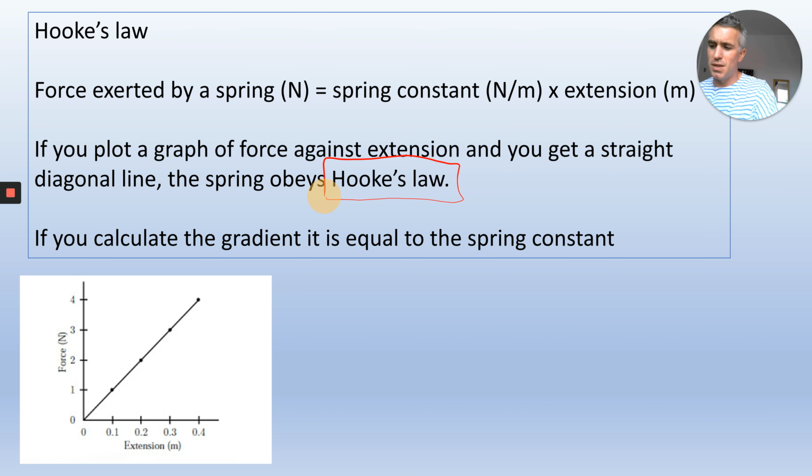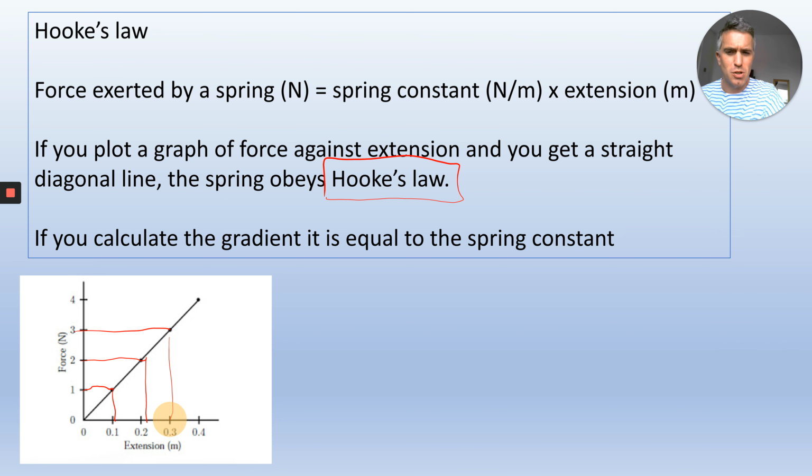So for example, in this one, you put 1 Newton on the spring, it increases by 0.1 meter. 2 Newtons, it increases by 0.2 meters. 3 Newtons, 0.3 meters. So the extension is proportional to the force. They go up in equal steps. It's a nice straight line through the origin. It's directly proportional.